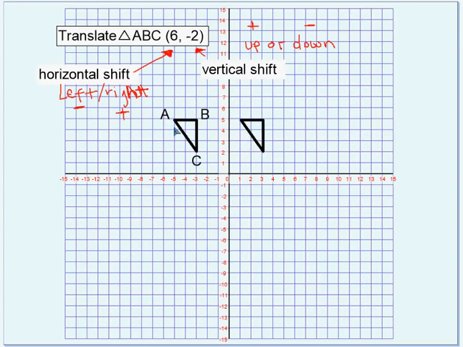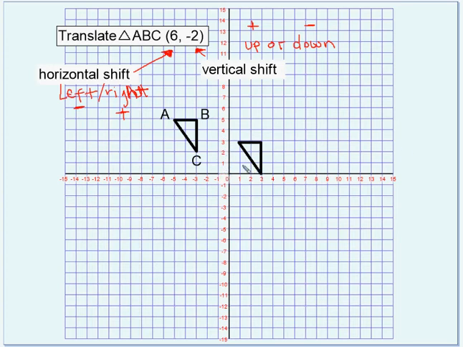From this point A at -5 to this point A prime at 1, that is 6 units to the right. Now I also have to go down 2 units, so I'm just going to move down 2 units. Now you can check this because we were at a vertical 2 and we need to go down 2, so we would be at 0.